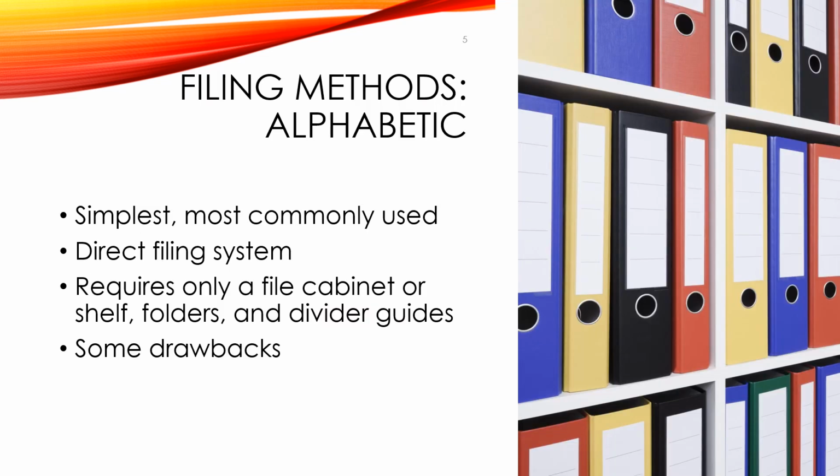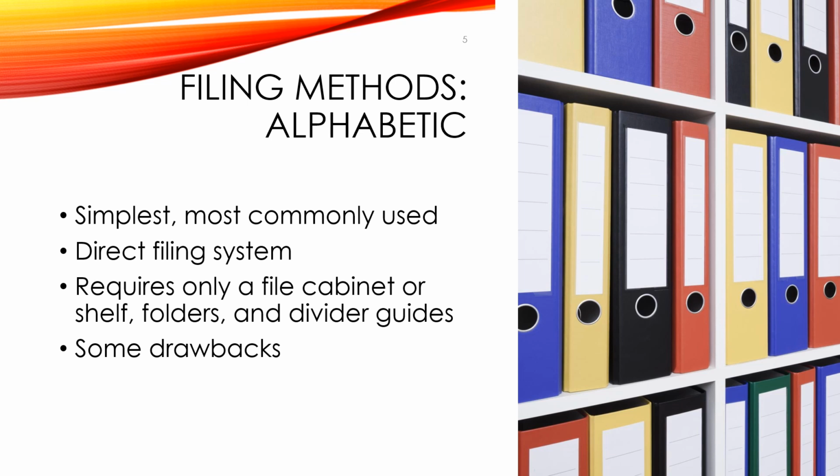We really have two different types of filing methods that you're going to see, and it depends on the preference of where you are working. The first is the alphabetic filing method, which is the most commonly used. It's the easiest to use because all of us know the alphabet.